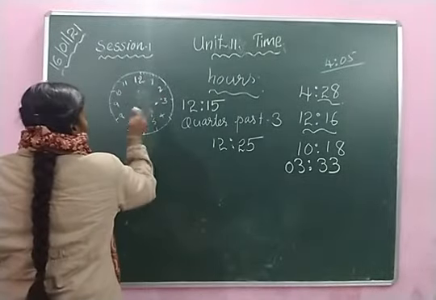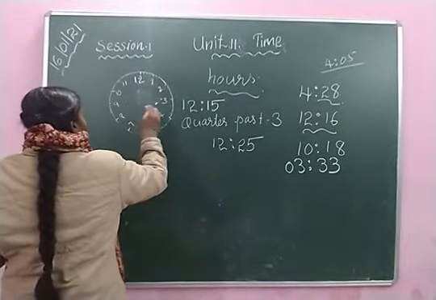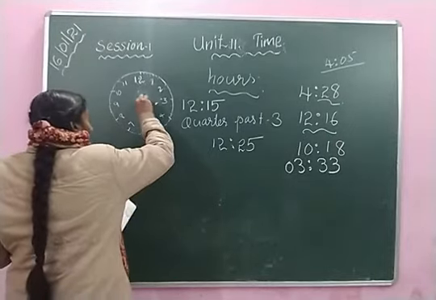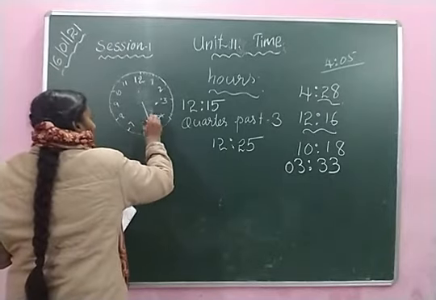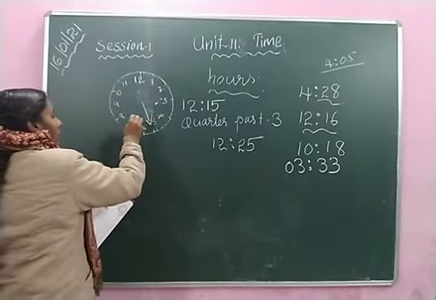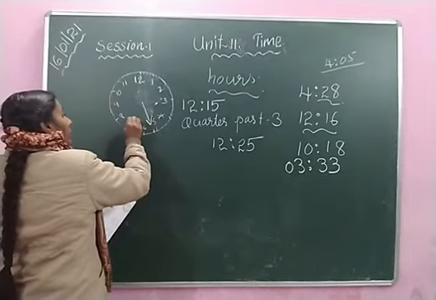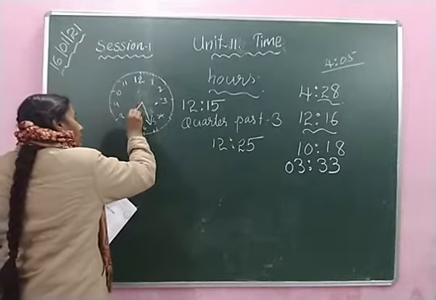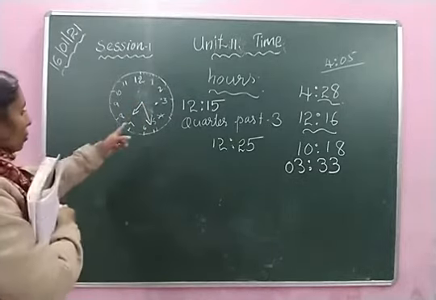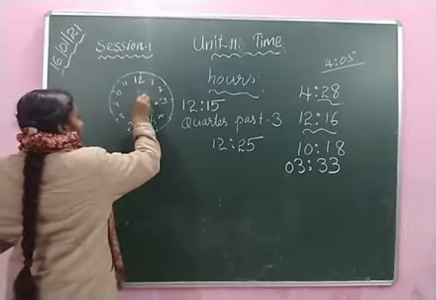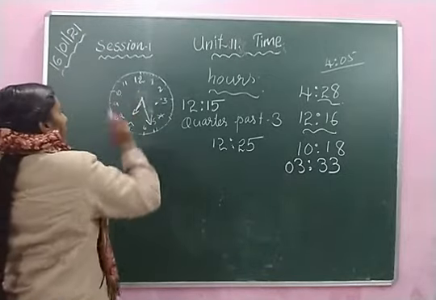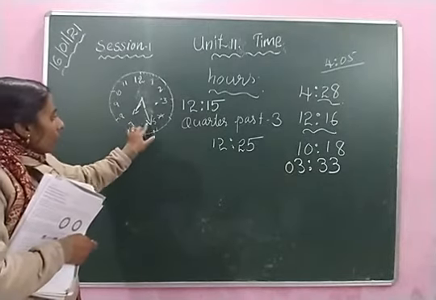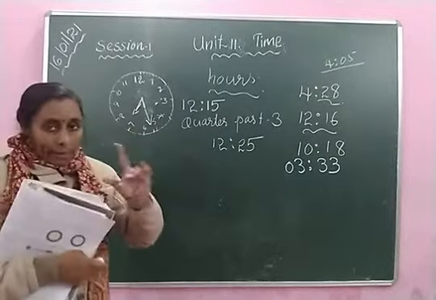I shall show you here. 26 means after 5 we have 1 line done. The short hand is between 7 and 8, and the long hand is after 5, one line.